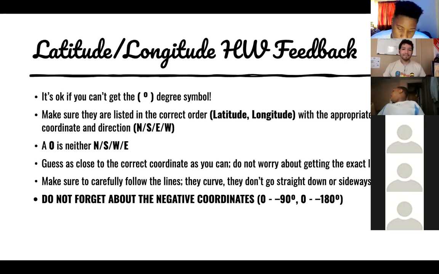Also, important: make sure they are listed in the correct order. Latitude should be first and then longitude. You can write this down, I recommend you do, but this is already on Classroom. Besides the correct order, include the appropriate direction: make sure we are including that it's either north, south, east, or west.